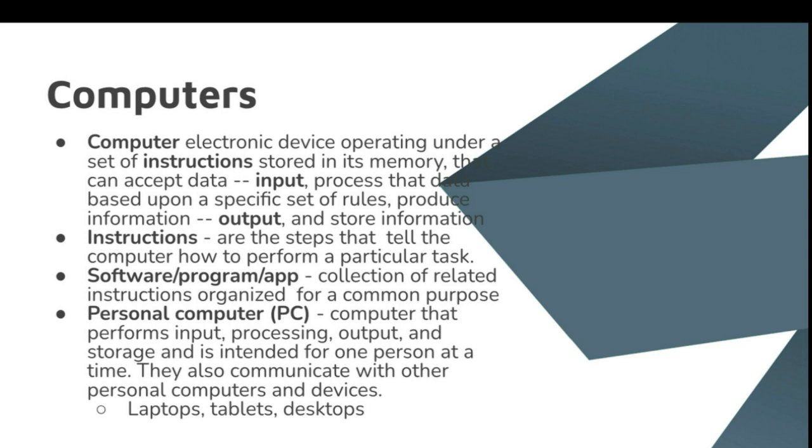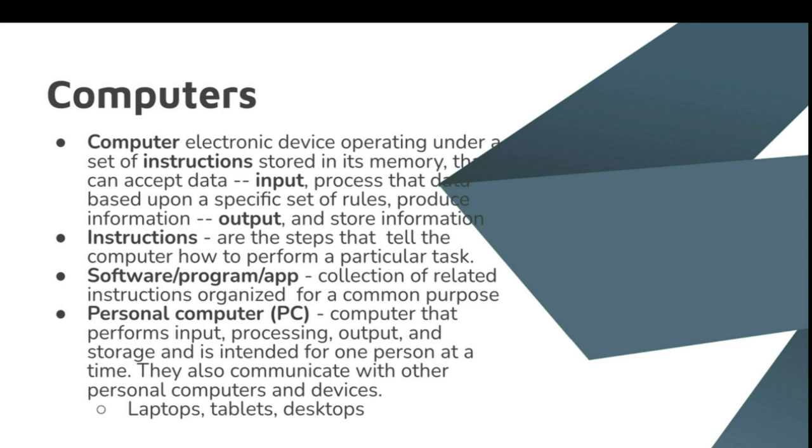A computer is an electronic device operating under a set of instructions stored in its memory that can accept data, which is input, process the data based upon a specific set of rules, produce information, which is output, and store the information.